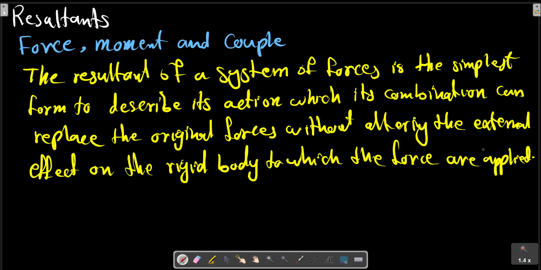Equilibrium of a body is the condition in which the resultant of all forces acting on the body is zero.